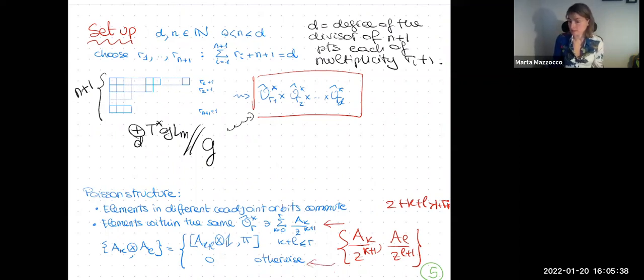Otherwise, we have the standard Poisson bracket that can be expressed in this commutator way, where pi is just a standard permutation matrix.